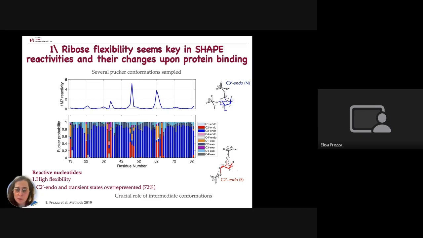But when we compute here in red the probability to find the other puckering, which is less predominant in RNA, we observe that on the contrary it is overrepresented when the reaction takes place, meaning that there is a crucial role of the ribose and its flexibility in these reactions.